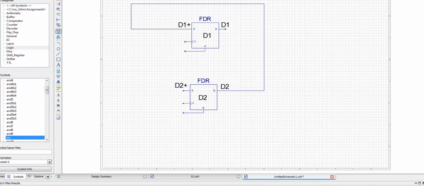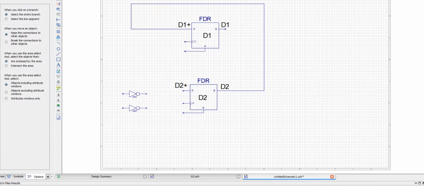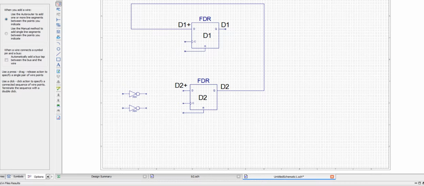Okay, this is two NOT gates, or inverters, whatever you want to call them. I connect this to here, and this to here.